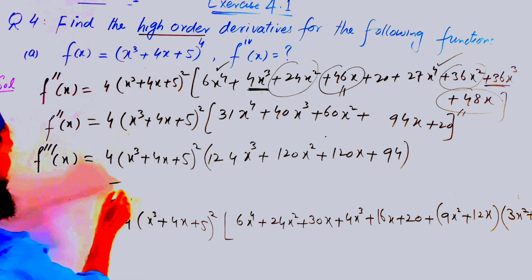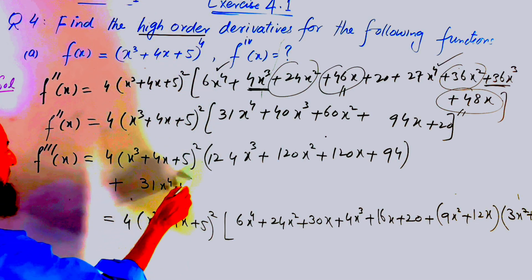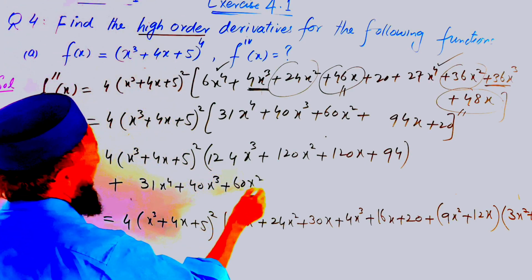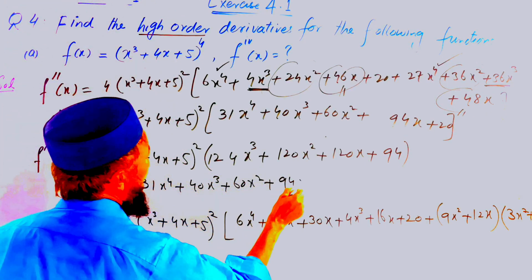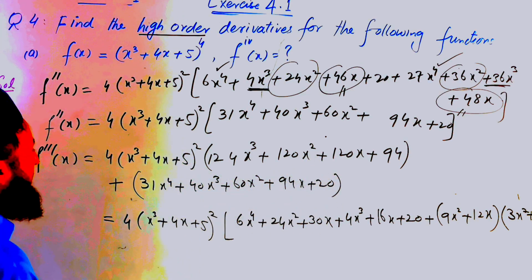Now plus, because we are using addition, 31x power 4 plus 40x cube plus 60x square plus 94x plus 20, and the derivative of this function.